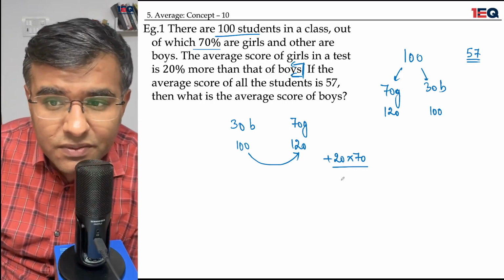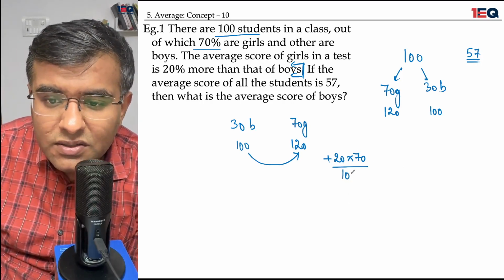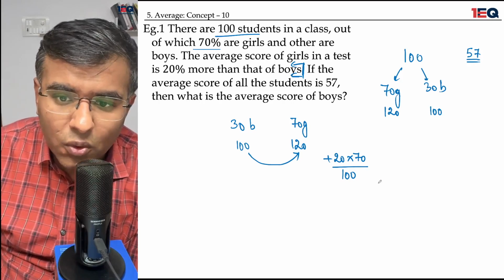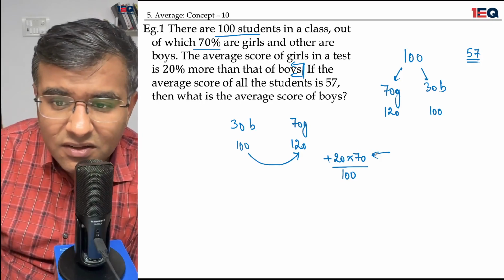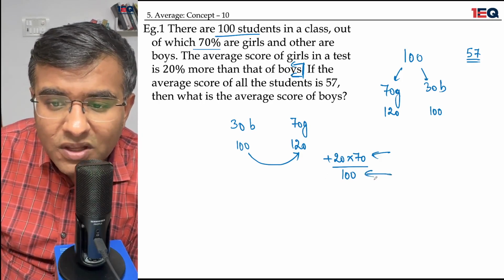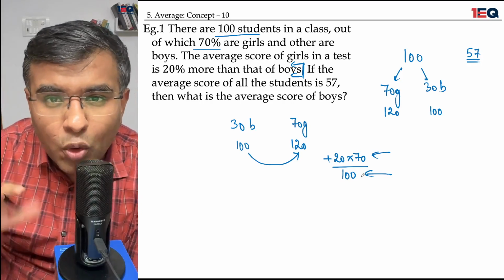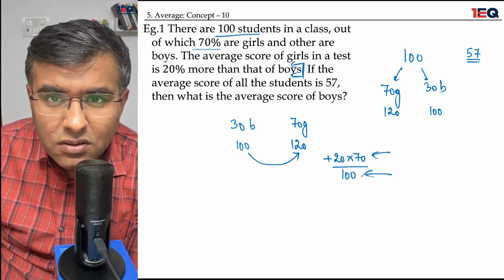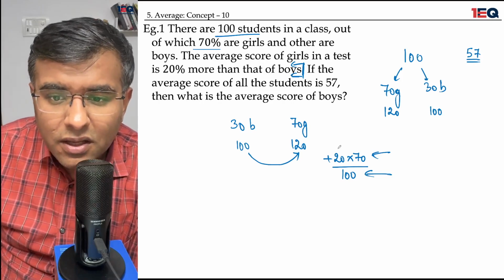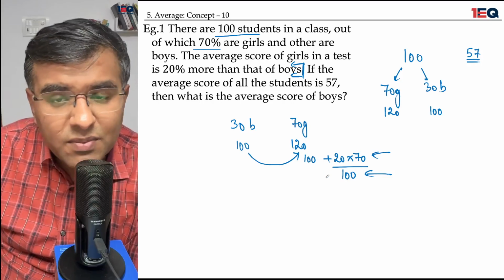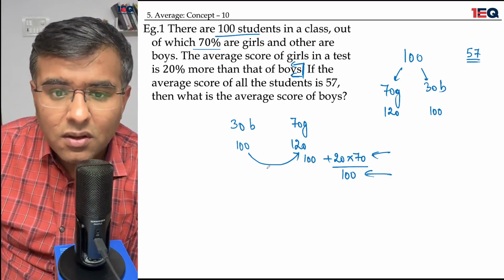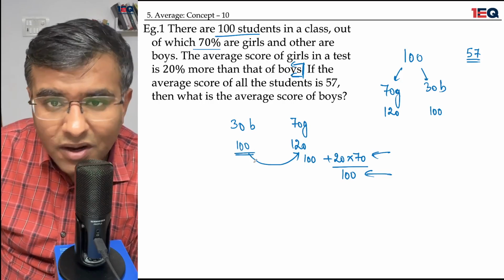So, how many students were there in the classroom? There were 100 students in the classroom. The effect or the good work of 70 girls gave benefit to the entire classroom, including boys. So 100 was my base marks score, which was considered to be done by boys.